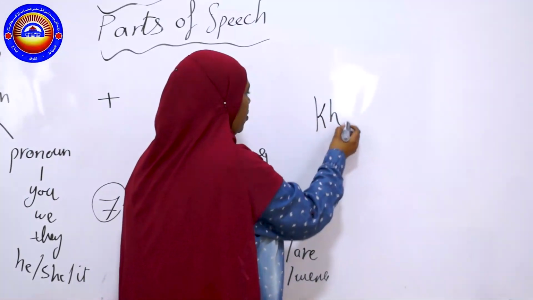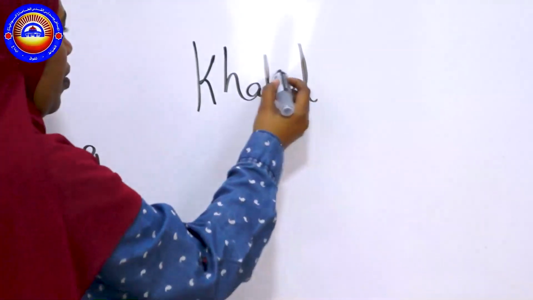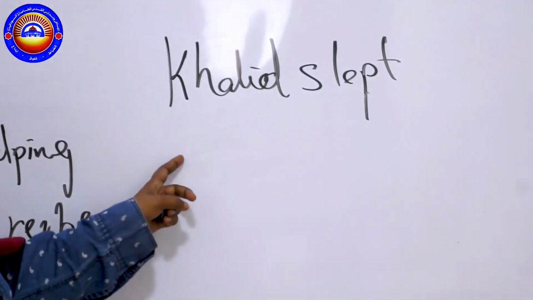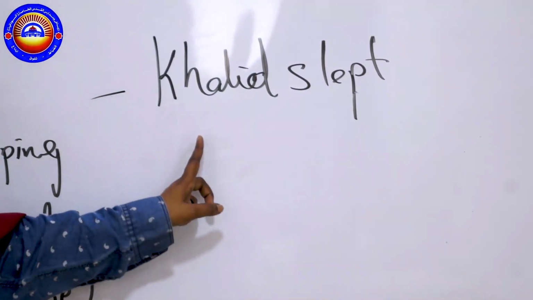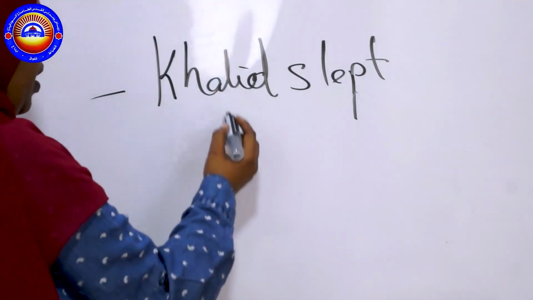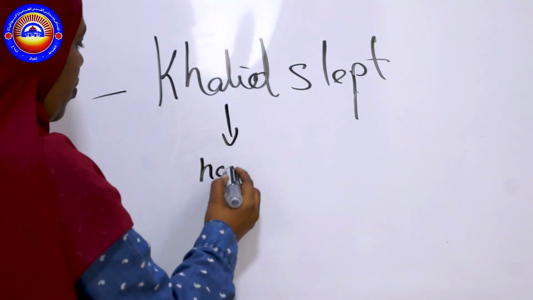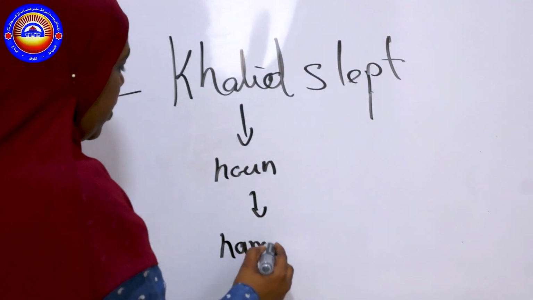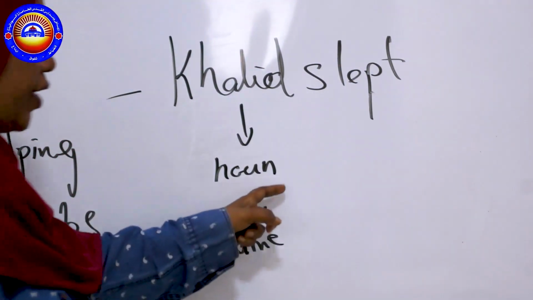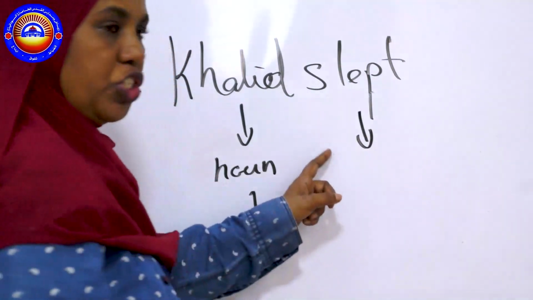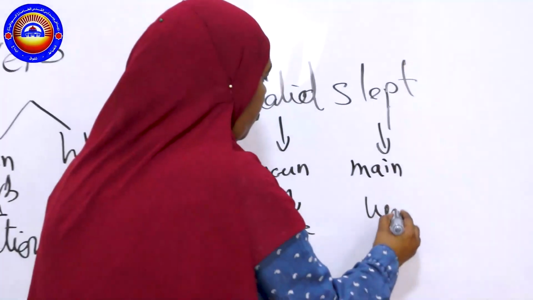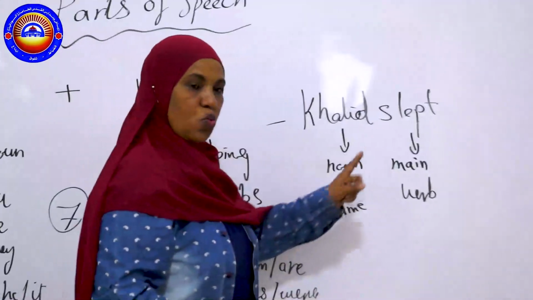Khalid slept. This is a full sentence. It contains a noun, which is the name of someone, and you have the verb, which is the main verb. Why?